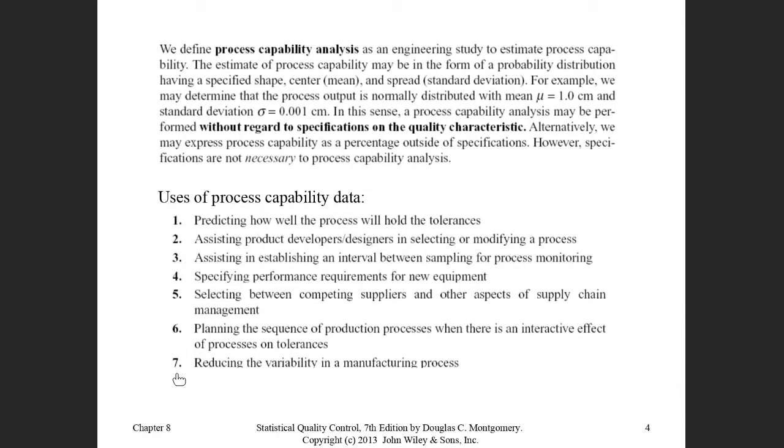So if it is good enough to meet the specification, then the natural tolerance will be manageable and acceptable. Also, it will help the designer to select the process specification and the process modification needed. Also, it helps you establish the interval between samples when you monitor the process.